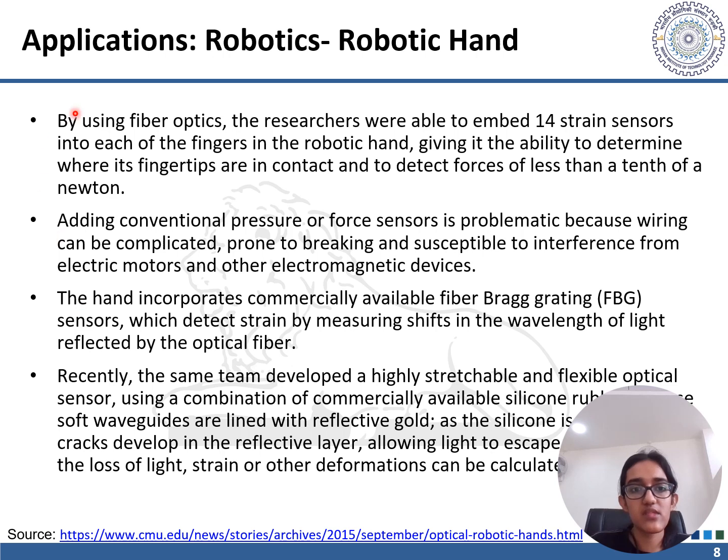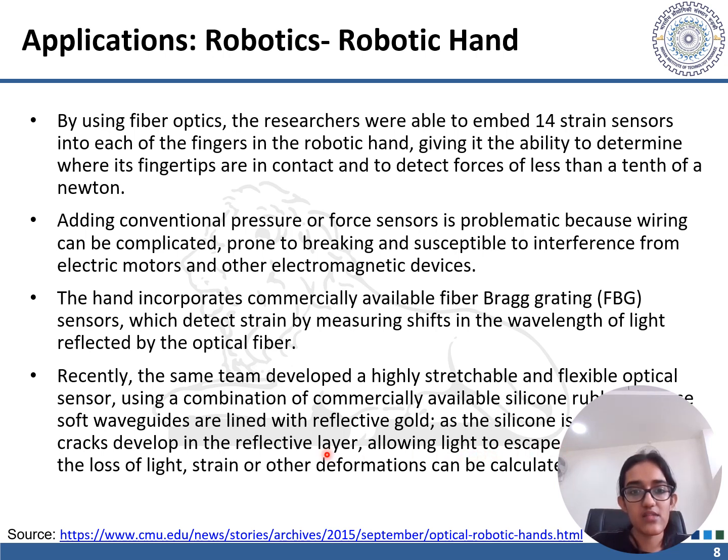Now, the problem with this particular robotic hand was that it was not as flexible as they wanted it to be. So the same team developed a highly stretchable and flexible optical sensor using a combination of commercially available silicon rubber materials. So here, what they used were soft waveguides, which are essentially like your fiber optic cables.